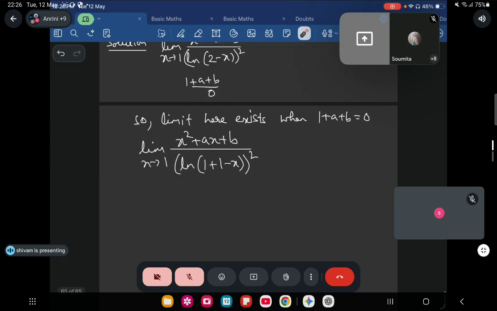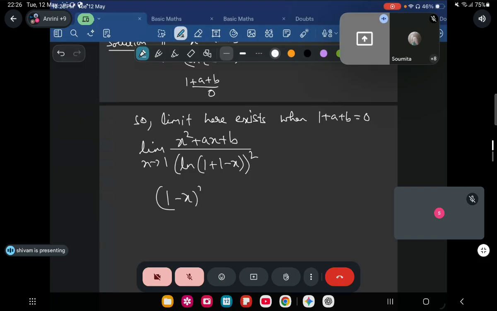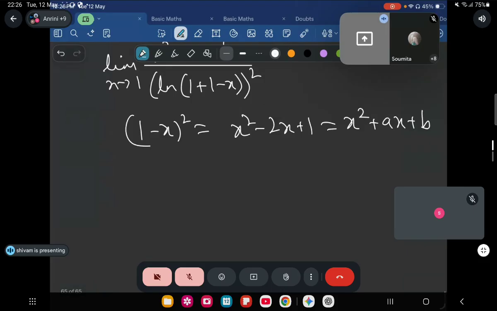So it has to be (1 minus x) whole square. Now (1 minus x) whole square in the numerator will be equal to x square minus 2x plus 1. So when you compare it with x square plus ax plus b, you will find that a has to be equal to minus 2 and b has to be equal to 1.